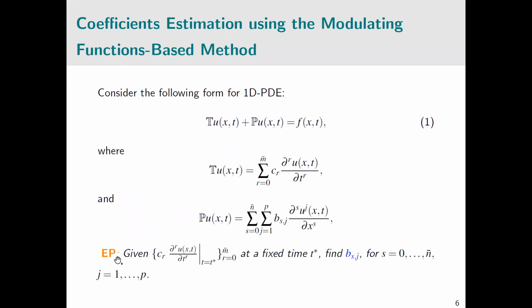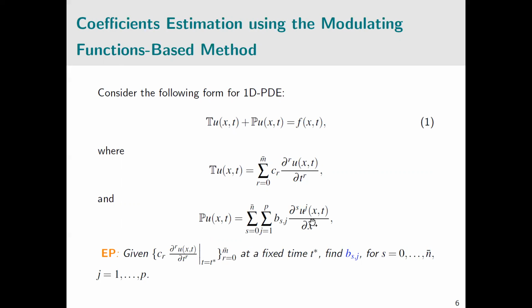Let's see the method in the estimation problem we are focusing on, which is coefficient estimation. Consider the following general form for a one-dimensional PDE: Tu plus Pu equals F. F is the source term, T is the temporal derivatives, and P is an operator for the spatial derivatives.